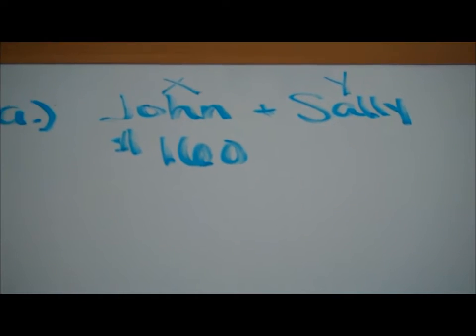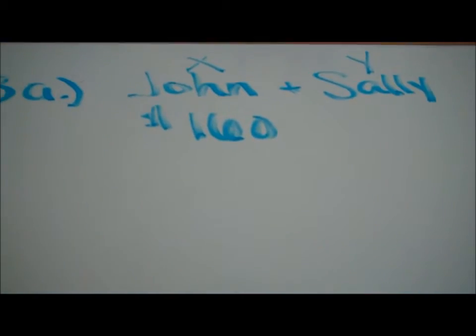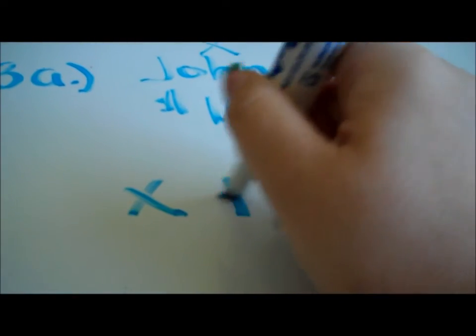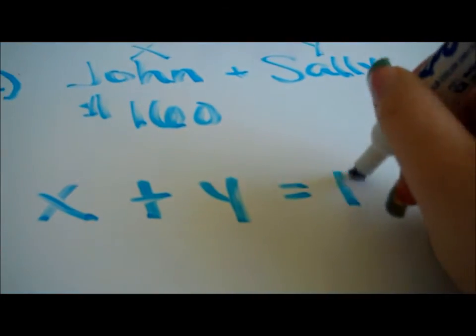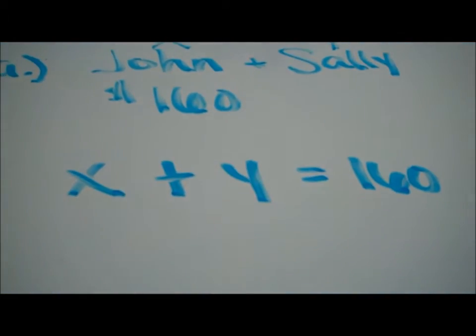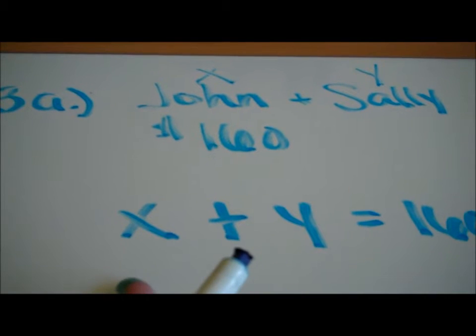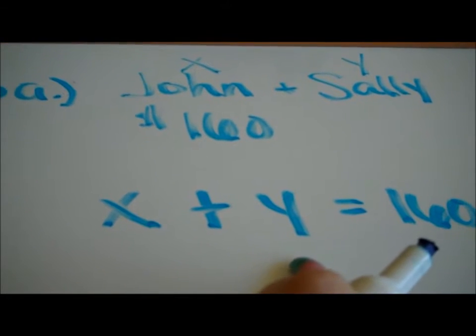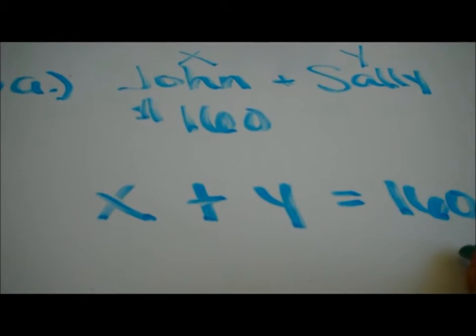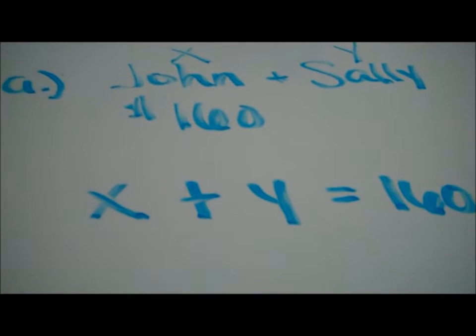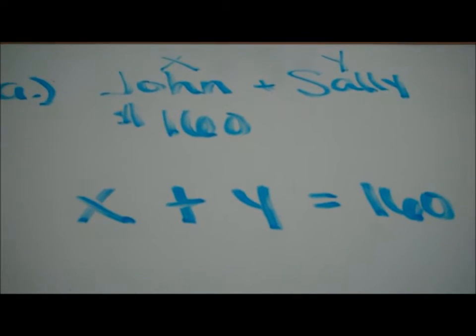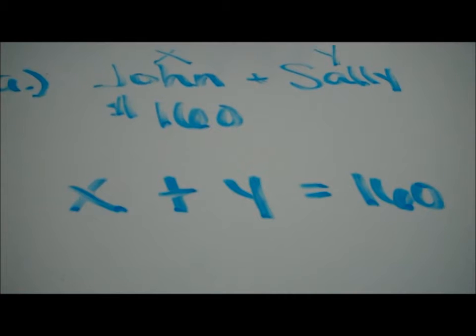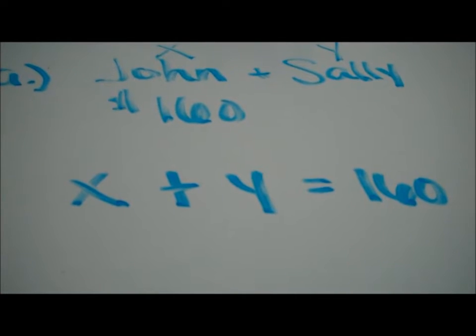But we do know that the 2 of them have to share $160. So that means that X plus Y has to equal $160. So if this represents John and this represents Sally, again, the 2 of them have to add up to $160. But when it comes to algebra, we can't have an expression with 2 different variables. They have to be written in the same variable.